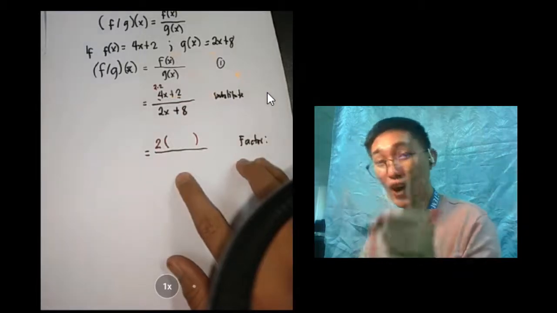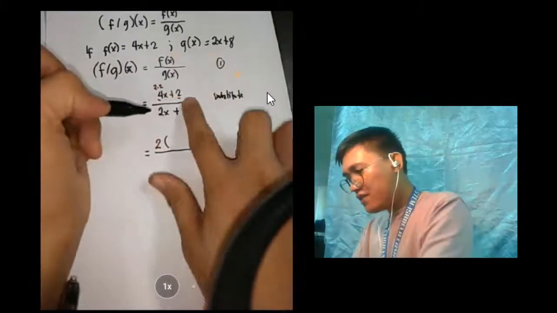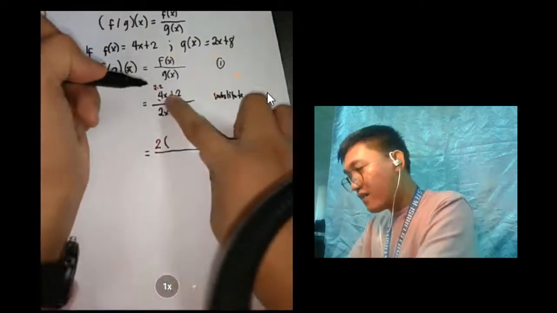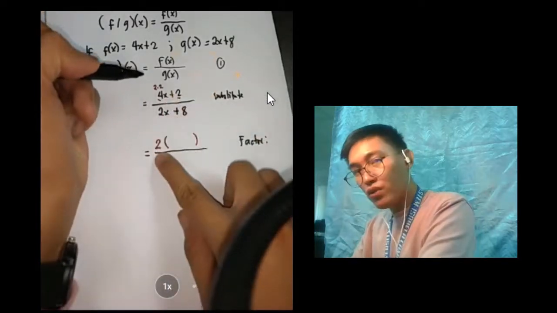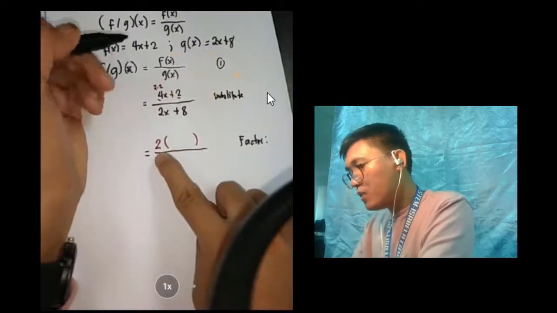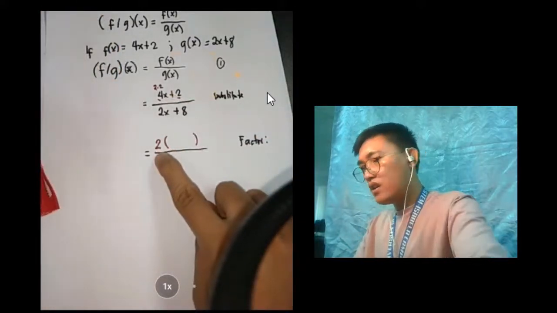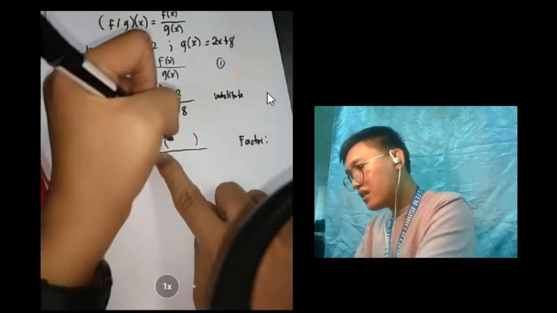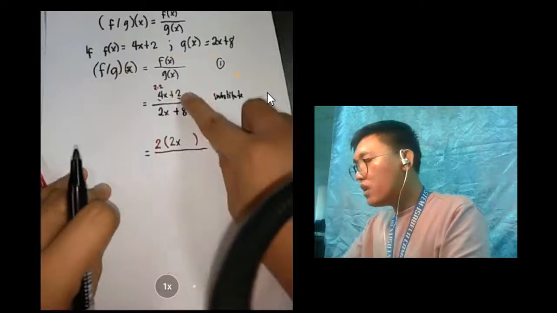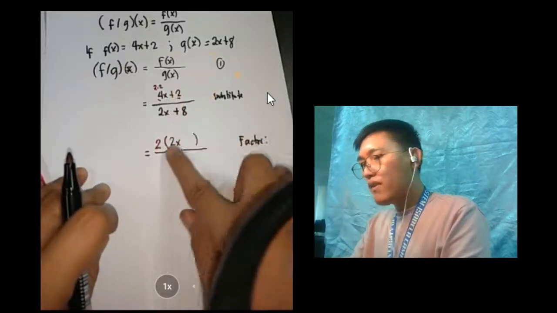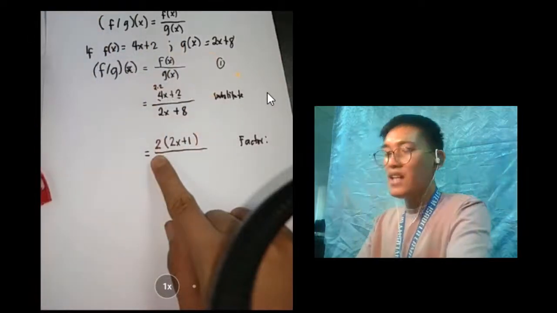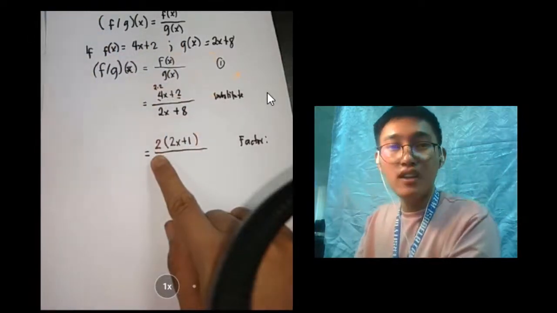If you take out 2, you divide 4x by 2, which is 2x, and positive 2 divided by 2 is positive 1. So that is the factor of 4x plus 2.